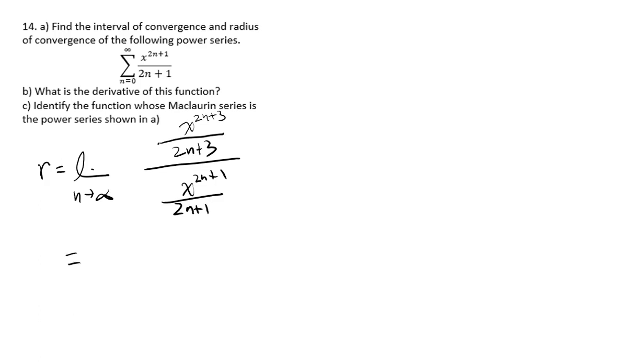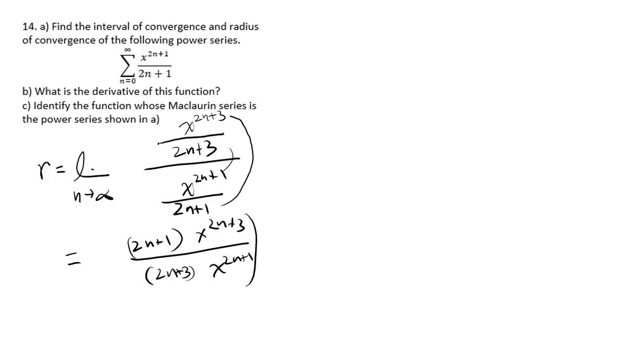Okay, and that is going to be 2n plus 1. Say outside is on the top, so these two multiply, over these two multiply, 2n plus 3 over x to the 2n plus 1.